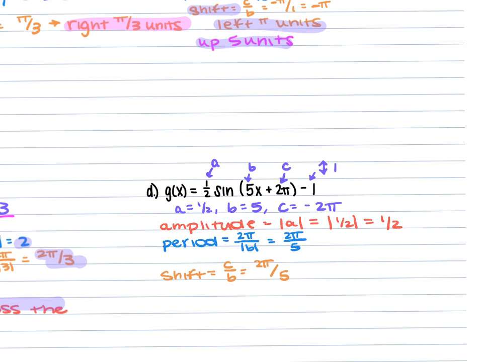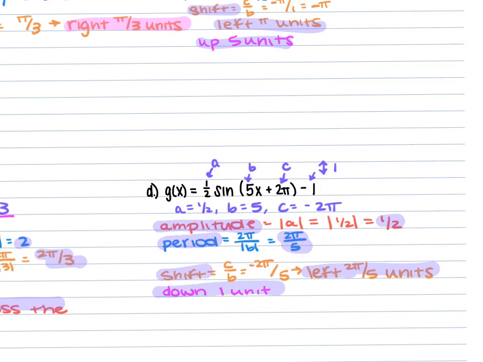So that's 2 pi over 5, and that's a negative 2 pi. So this means that we are going to the left 2 pi over 5 units. And lastly, that minus 1 means that we're going down 1 unit. So we have an amplitude of 1/2, a period of 2 pi over 5, and a horizontal shift left 2 pi over 5 units, as well as going down 1.